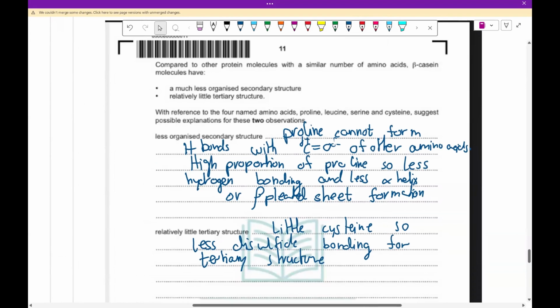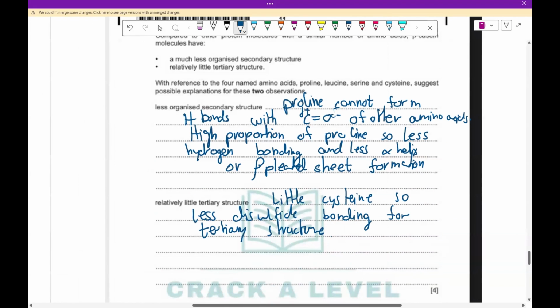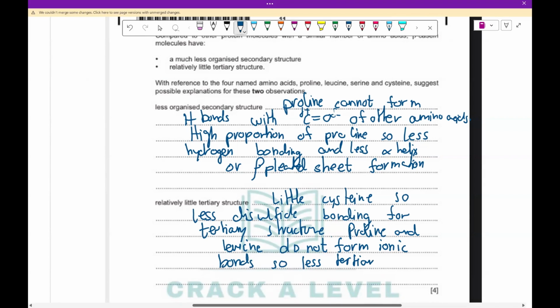You're right. So that's right. Proline and leucine do not form ionic bonds. So that's tertiary structure. Yep, it's a valid point.